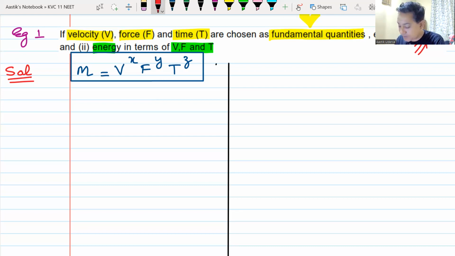What are the dimensions of M? The dimensions of M are M, L to the power 0, and T to the power 0. If you want, you can write the entire thing.